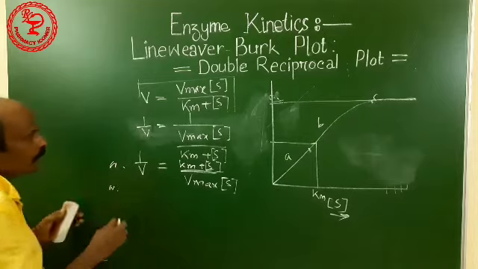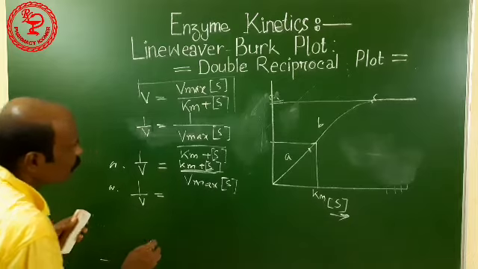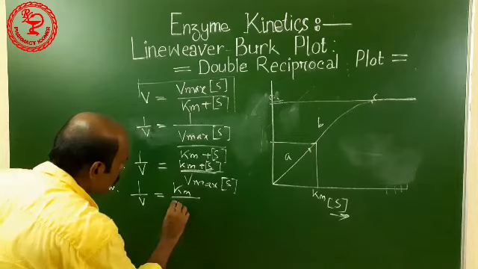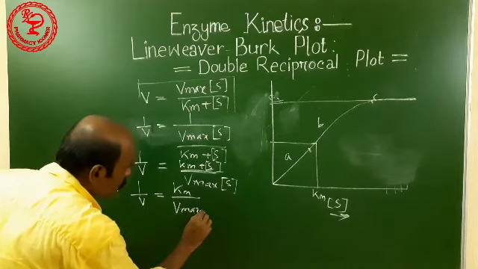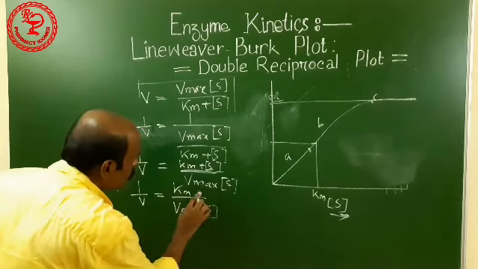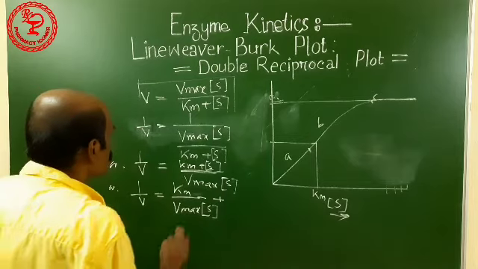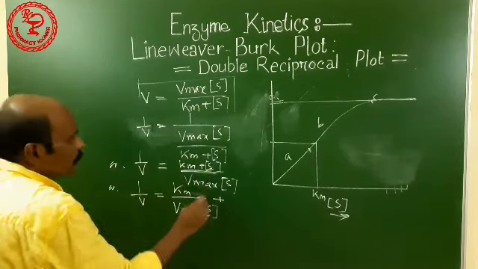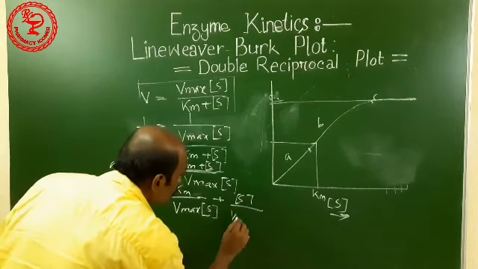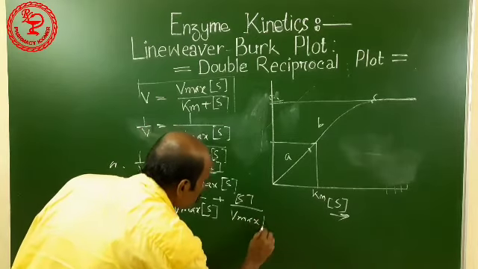Or, 1 by V is equal to Km by Vmax into substrate concentration plus S by Vmax substrate concentration.